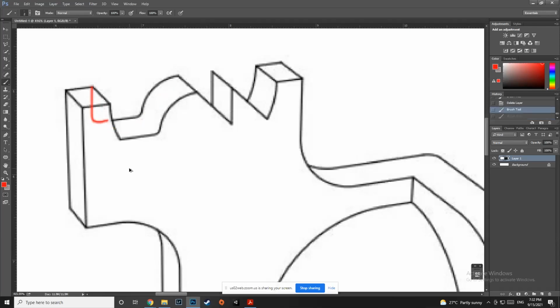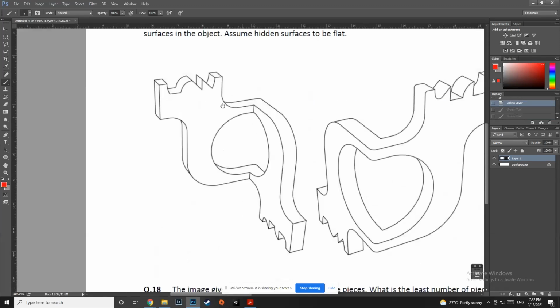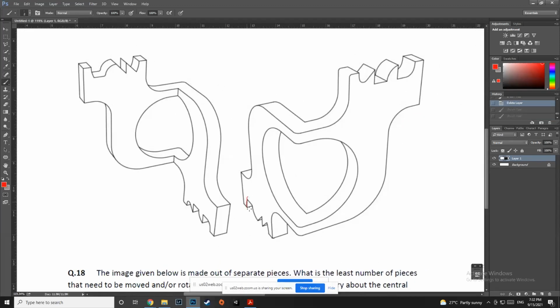So it can be considered one surface or two surfaces, and you can't even look at the other side to make sure. That is why people fought over it. This place and this place, in both places the edge is hidden. That is how both the answers were correct.